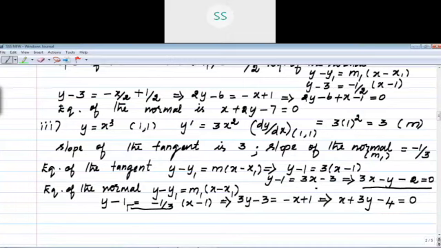What is the equation of the normal? x plus 3y minus 4 equal to 0. The equation of the normal I underlined and showed you. The equation of the tangent is 3x minus y minus 2 equal to 0. The equation of the normal is x plus 3y minus 4 equal to 0.